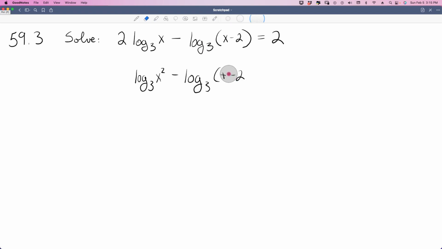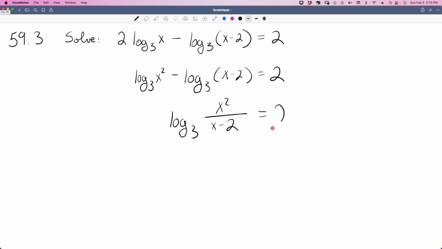Then we would use our quotient rule, which would put this into a division scenario. So we would say the log base 3 of x squared divided by x minus 2 equals 2. So then we would look at this base as our base, and this is our exponent. So we would have x squared over x minus 2 is equal to 3 with an exponent of 2.